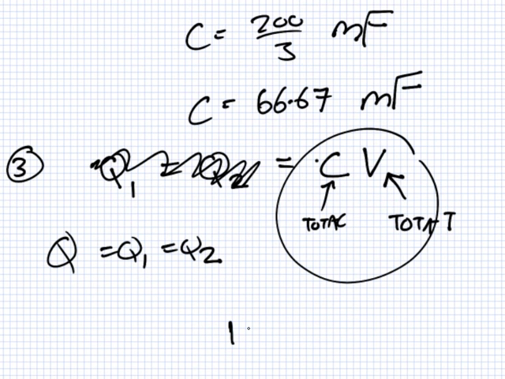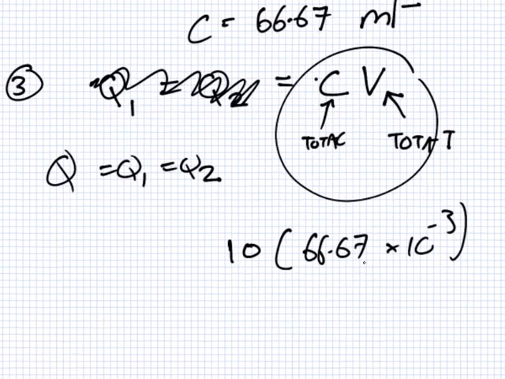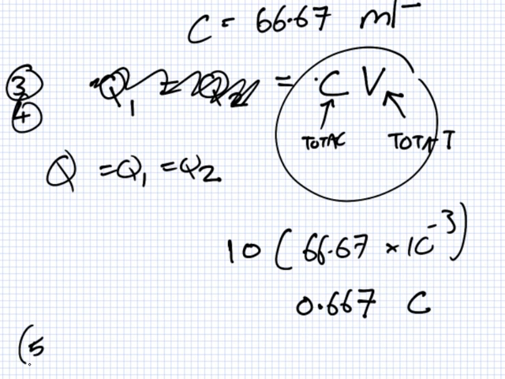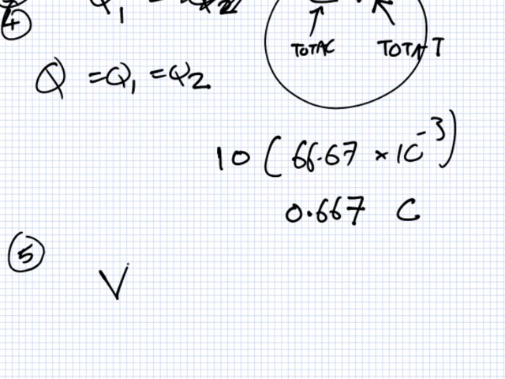So the total voltage is 10, and the total capacitance is 66.67 times 10 to the minus 3. That's 10 to the minus 2. So what's that? 0.667 coulombs. And that's also the answer for part 4. Part 5 is what's the voltage on each of them.